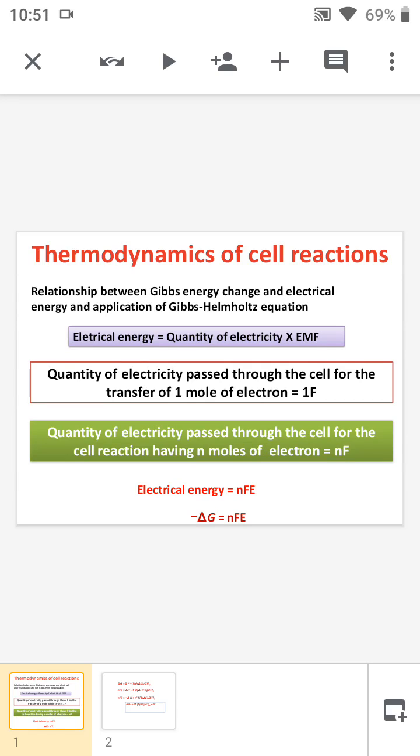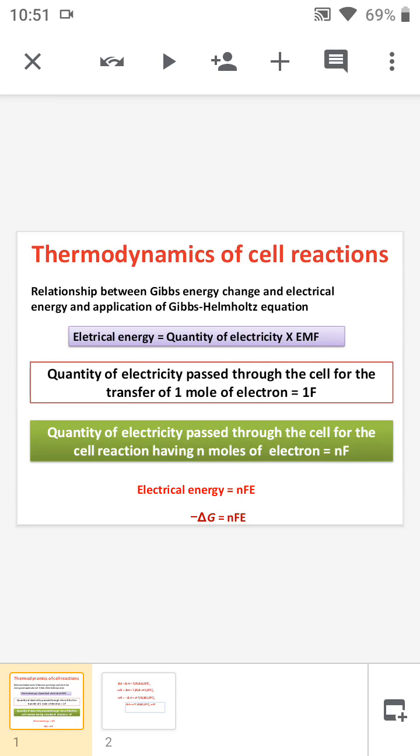So we know the general equation: electrical energy is equal to the quantity of electricity passed through the cell into the EMF of the cell. According to thermodynamics, Gibbs energy is the amount of energy which is taken out from any system.